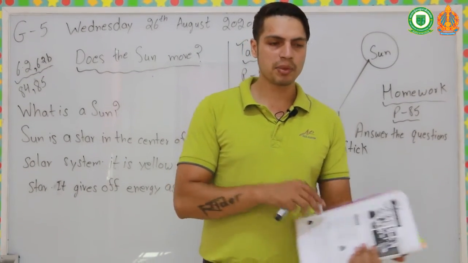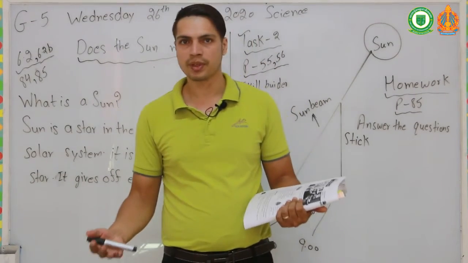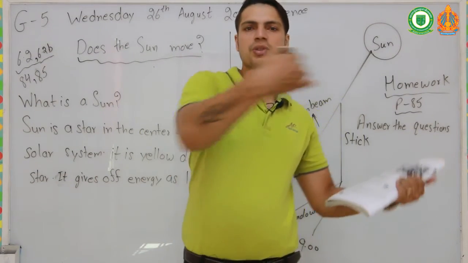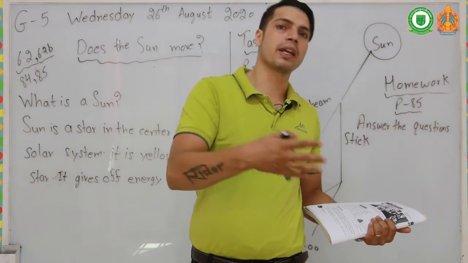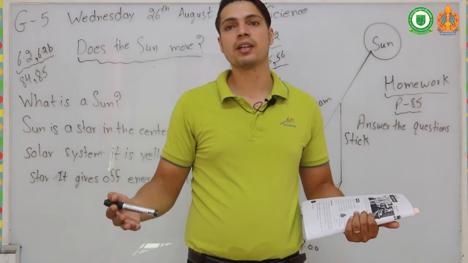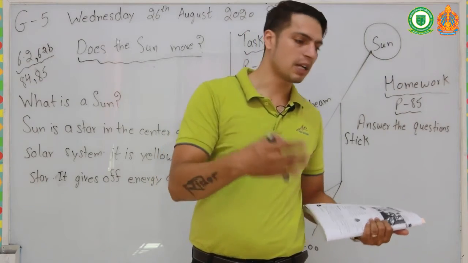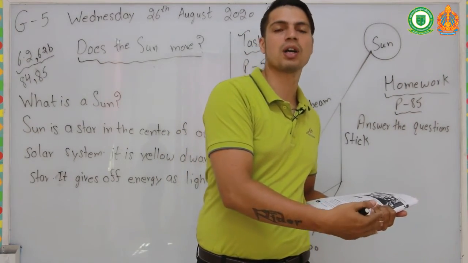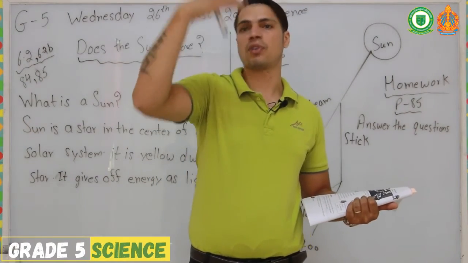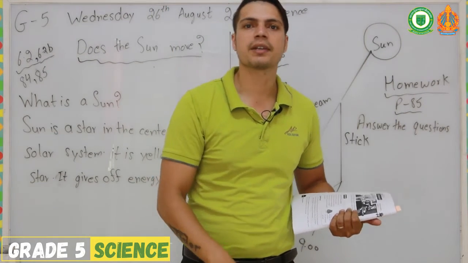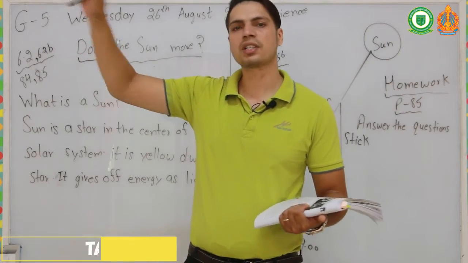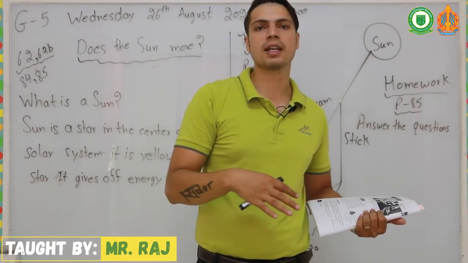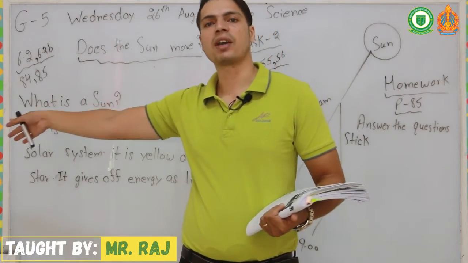Sometimes you wake up in the morning and see the sun in front of your house. But throughout the day it changes. Then it goes on top of your house and you cannot see it, and in the evening before sunset it goes to the back of your house.